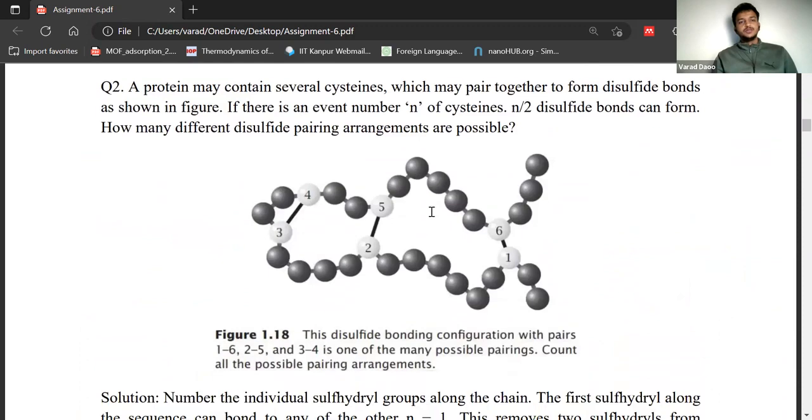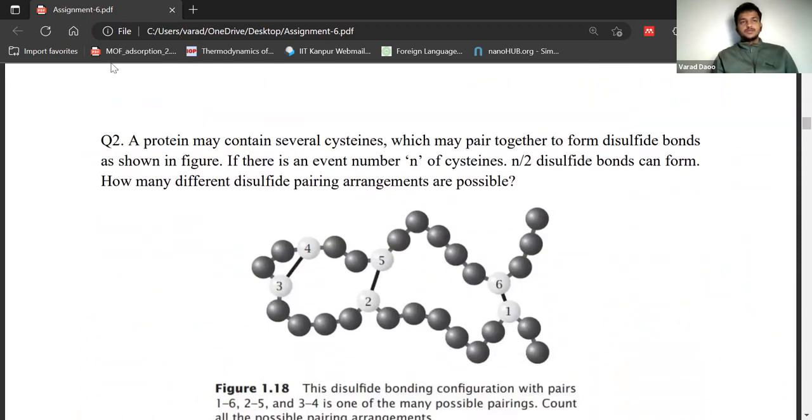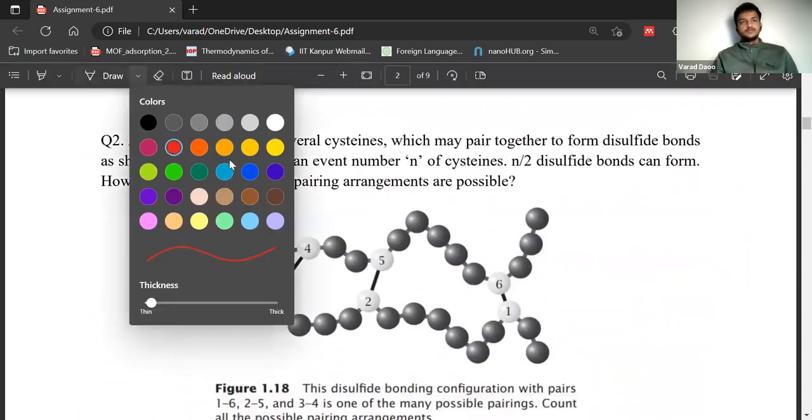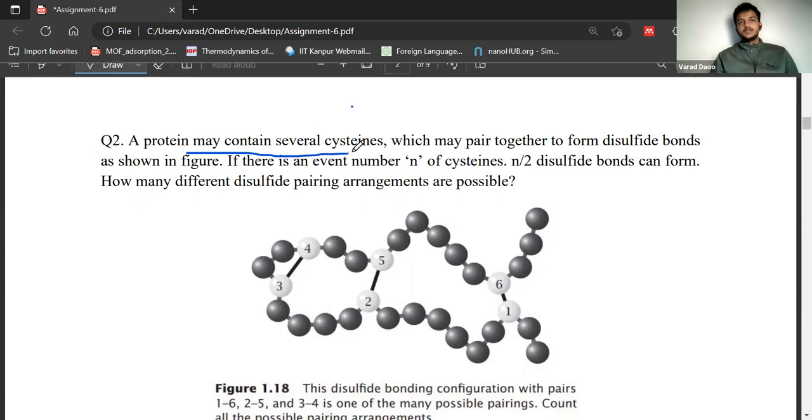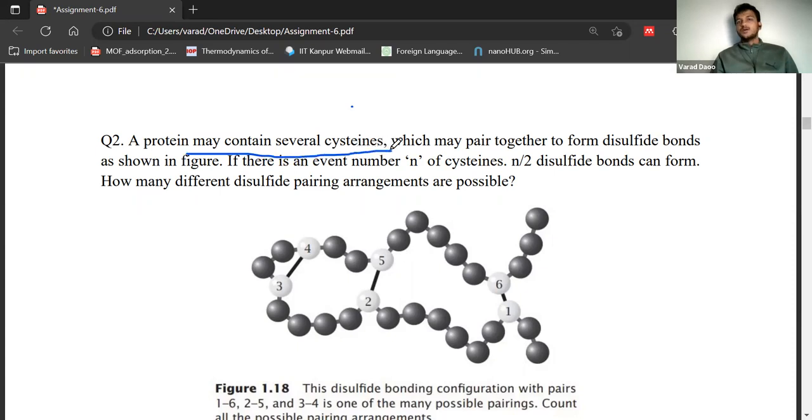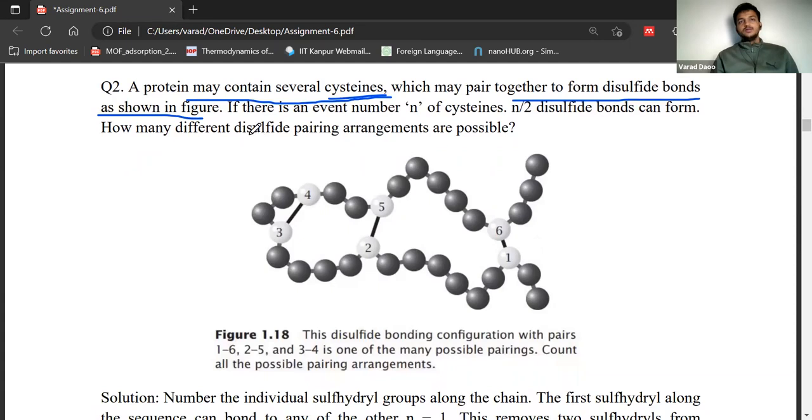The next question is this, okay? A protein may contain several cysteines, which may pair together to form a disulfide bond, as shown in the figure.